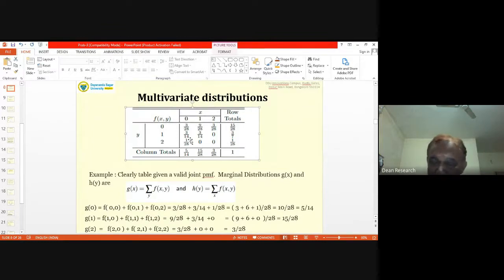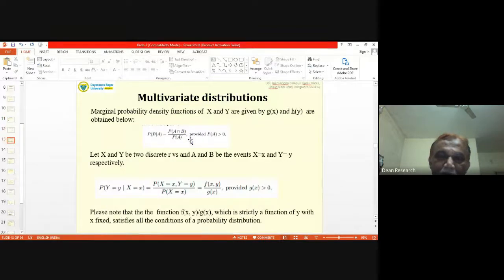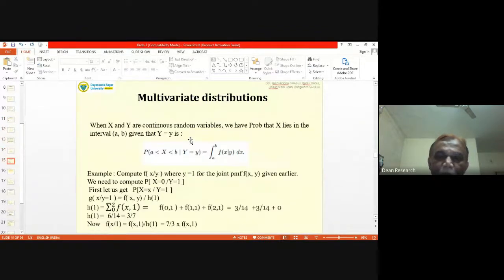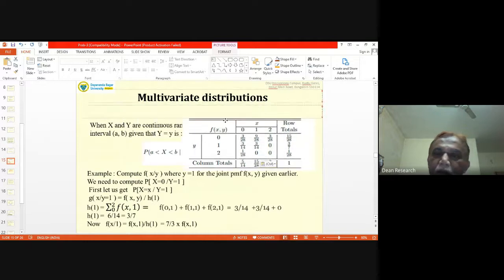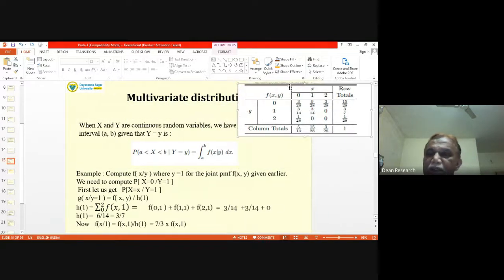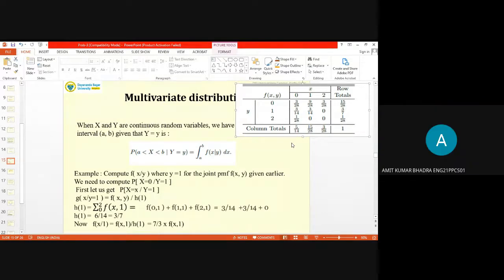I can paste that here, so it will be easy for you to understand. I'll paste it here temporarily. With this, it is very simple. Hope you are able to see this table, right? Yes, sir.